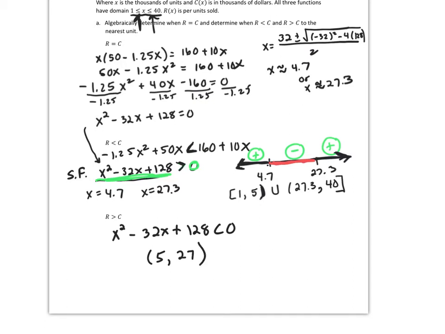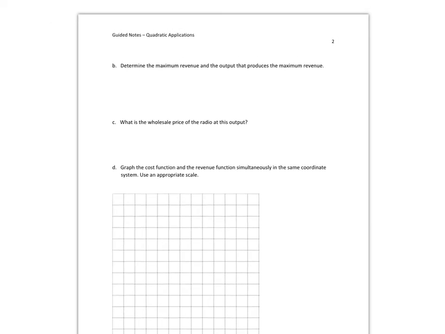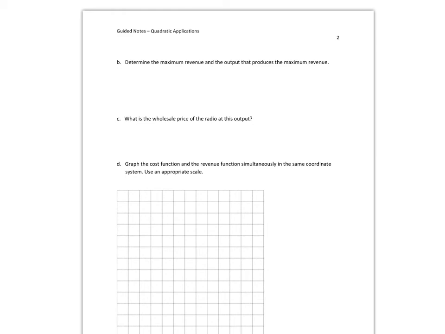And I believe we have another page. Yes. But my domain determined the maximum revenue. Well, do I have my revenue equation? Yes. My revenue equation, R of x, is negative 1.25 x squared plus 50x.